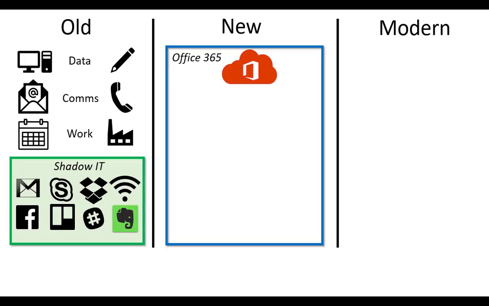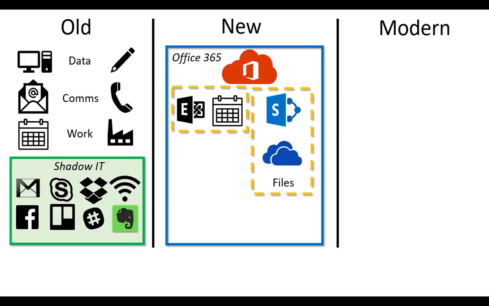Now, the solution to this has been Office 365. One of the good things about Office 365 is that we can put services like email and calendaring together under a single management bucket that we can assign to users. We can link an email to a calendar, schedule events, invite people, and share calendars between multiple users.